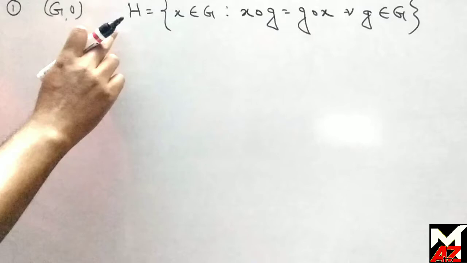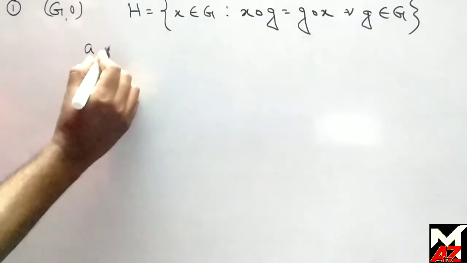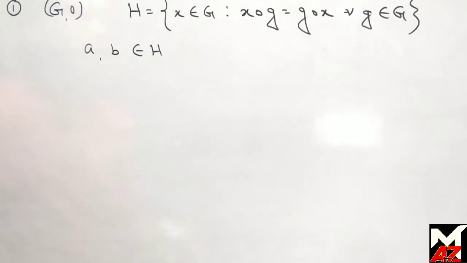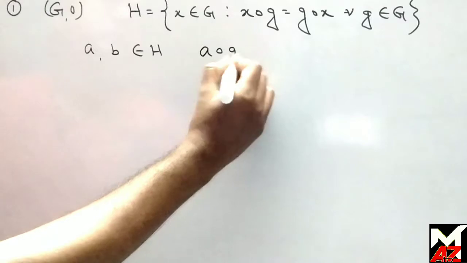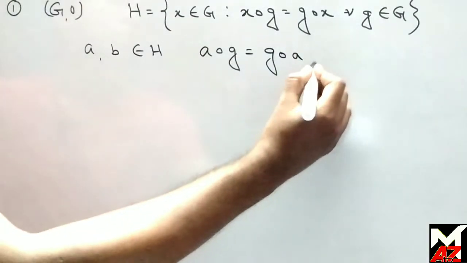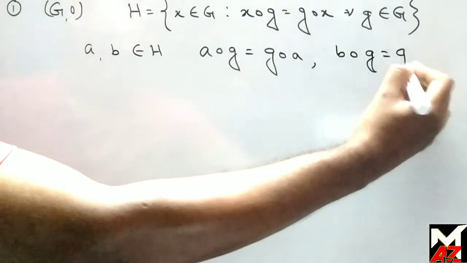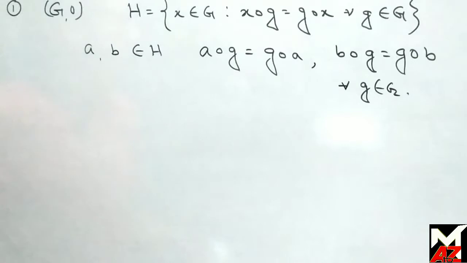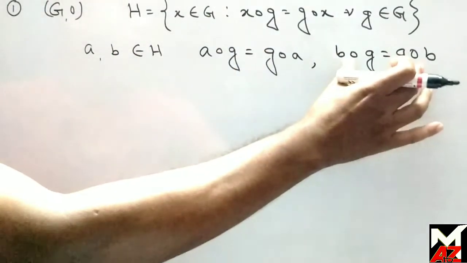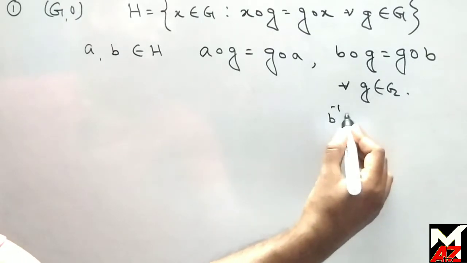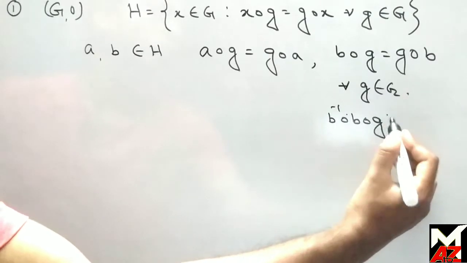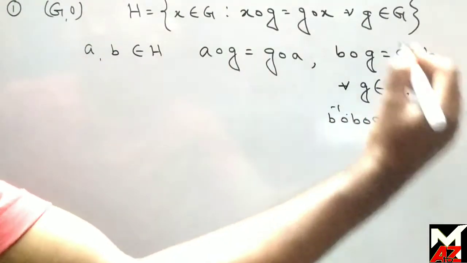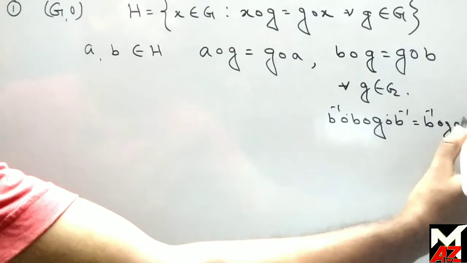Now, if we take any two elements a and b in H, also in G, then we can write a composition g is equal to g composition a, also b composition g is equal to g composition b for all g belongs to G. From the second relation, we operate b inverse from both sides, left and right: b inverse composition b composition g composition b inverse is equal to b inverse composition g composition b composition b inverse.